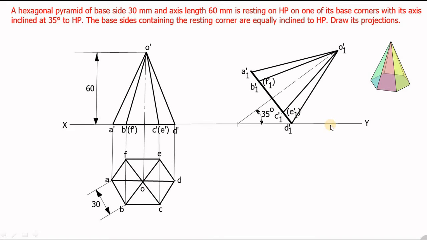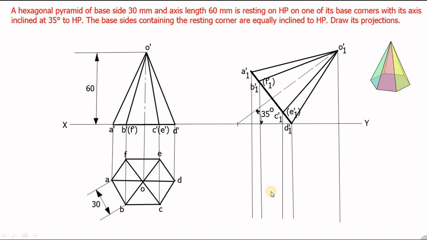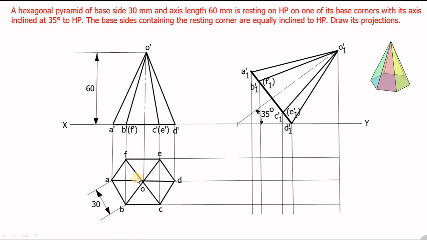Now the final position, that is the final drawing, second question top view. So for that, what we have done for the prism, same procedure we are going to follow here. Project all the corners towards downward. A1 dash, B1 dash, D1 dash, similarly O1 dash. So project all the corners towards downward. Similarly from here, project all the corners towards right side and stop up to this line. Okay.